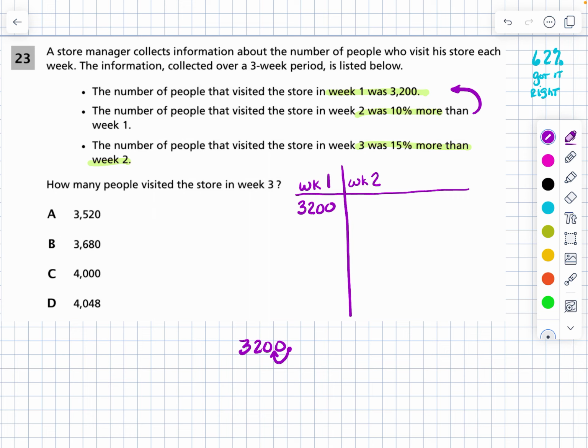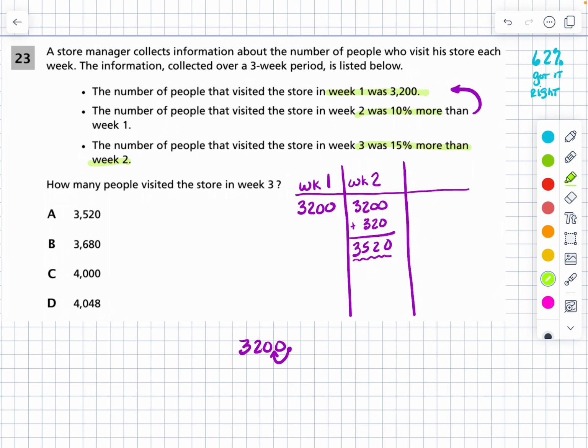So it's 3,200 plus 320. 320 is your 10%. 0, 2, 5, 3. So now this is how many people are there in week 2.